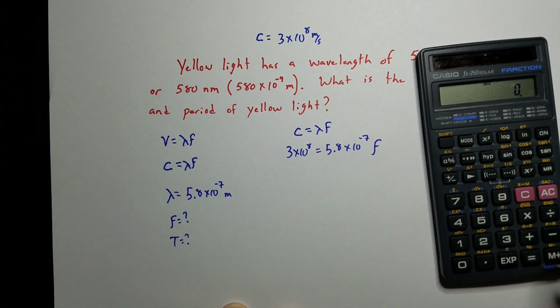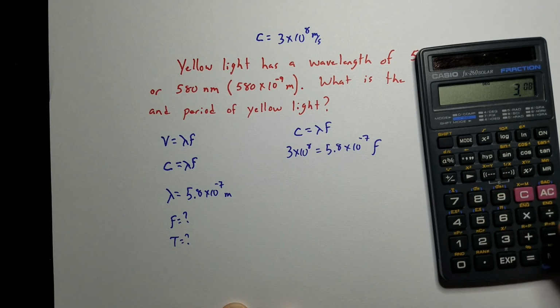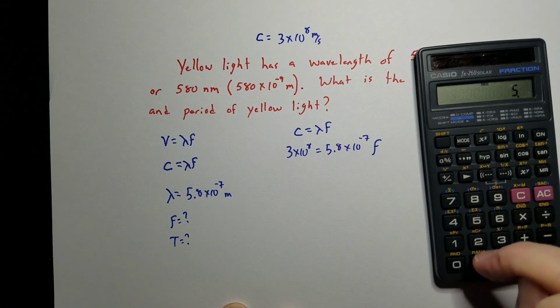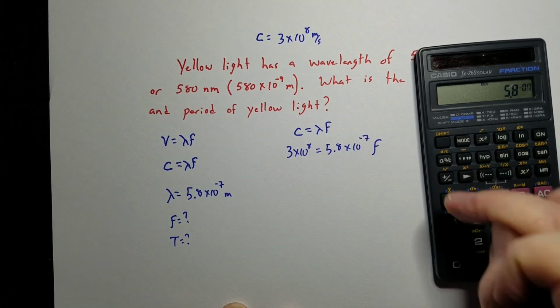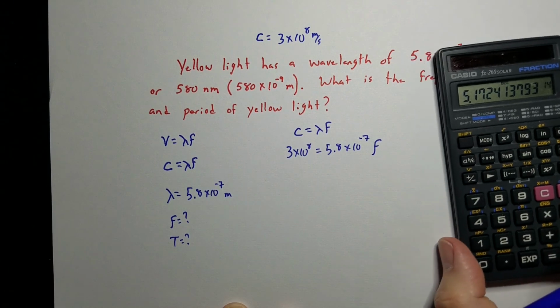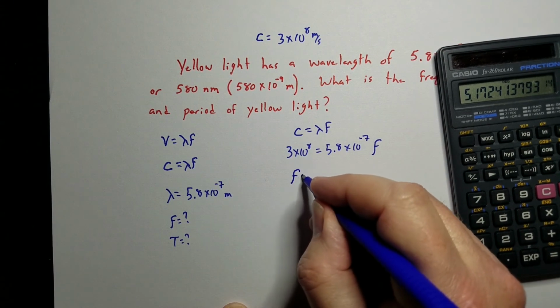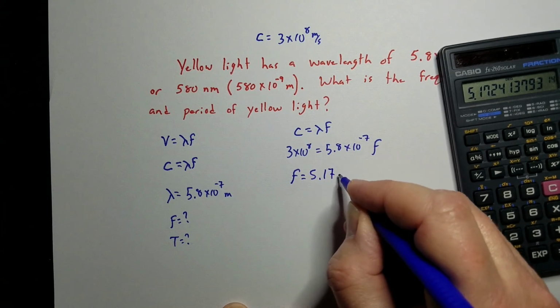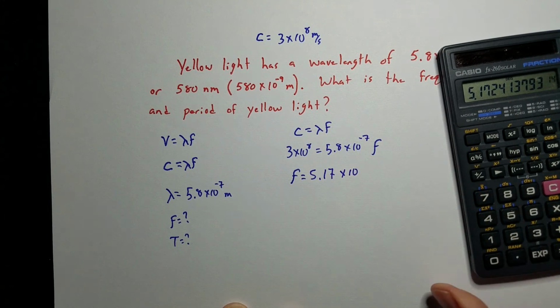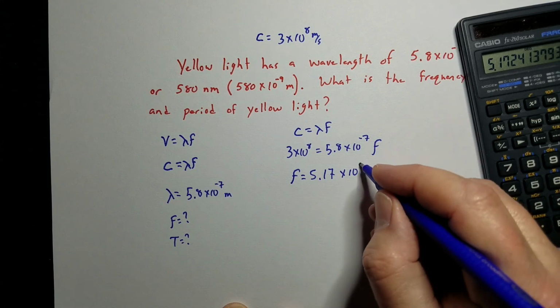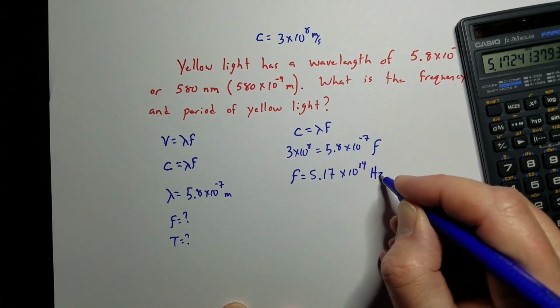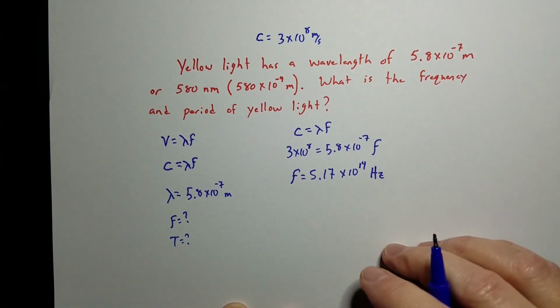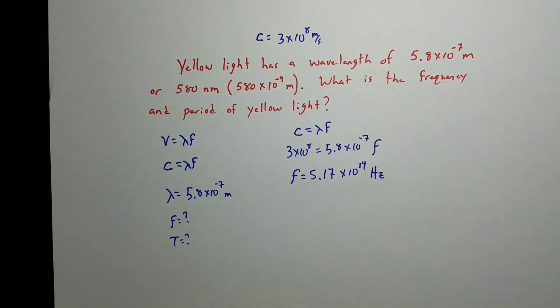So I want to divide 3 times 10 to the 8th by 5.8 times 10 to the negative 7. And I get a frequency of 5.17 times 10 to the 14th hertz. So that would be my frequency.